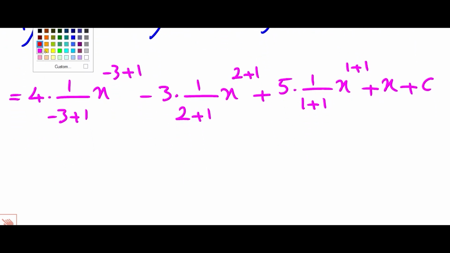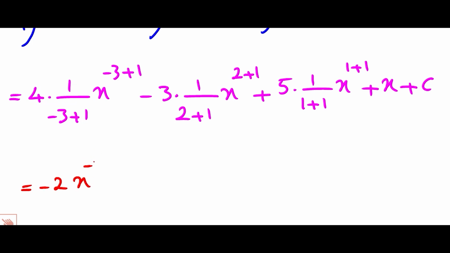So final answer equals 4 times 1 over negative 3 plus 1. Negative 3 plus 1 equals negative 2. So 4 over negative 2 equals negative 2 x to the power of negative 2. Or x to the power of negative 2 equals 1 over x squared.